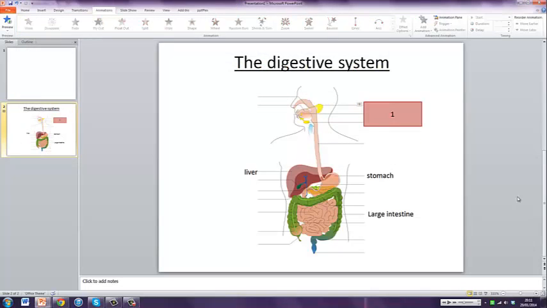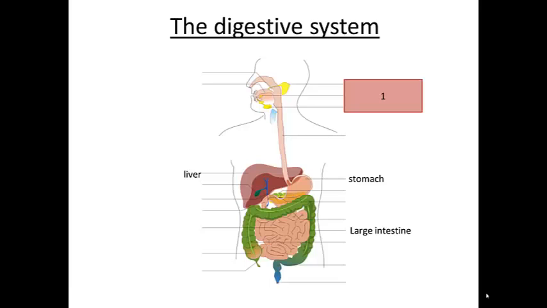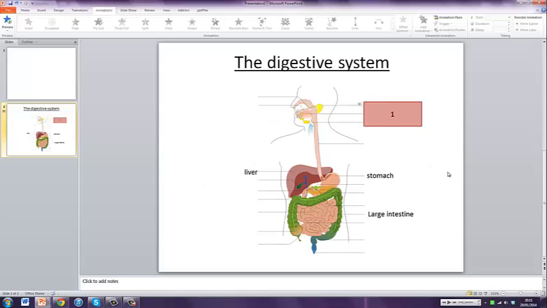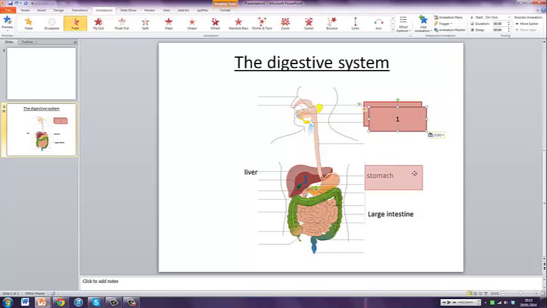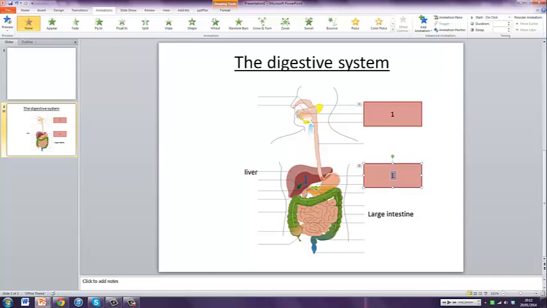Okay. So if I want to test it, if I go into full screen, show the PowerPoint mode, and click the button, the first time I click, number 1 should disappear and reveal the salivary glands. If I skip that and go back to my PowerPoint slide, if I go to my text box, which now disappears, and copy it, Control C, Control V, or right click copy, right click paste, I've dragged it over the stomach because I want that to reveal next, simply change that to number 2.